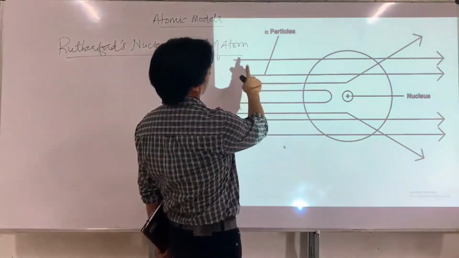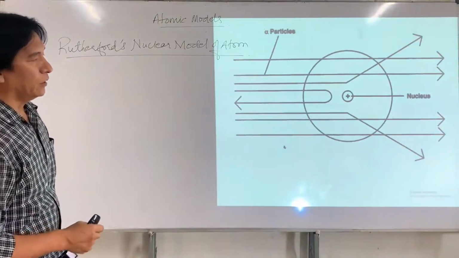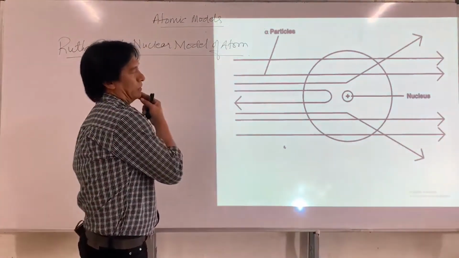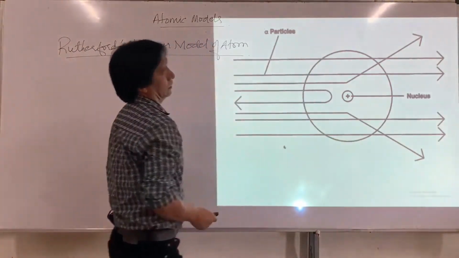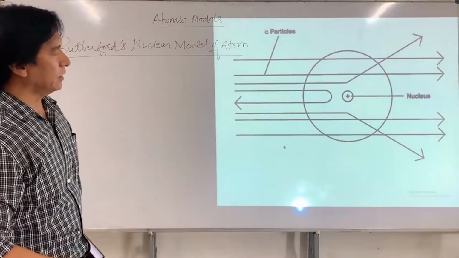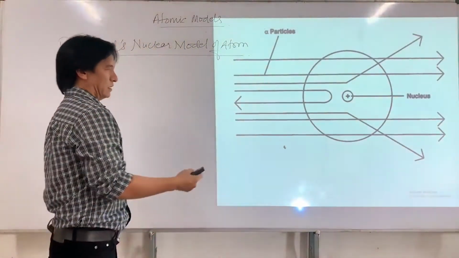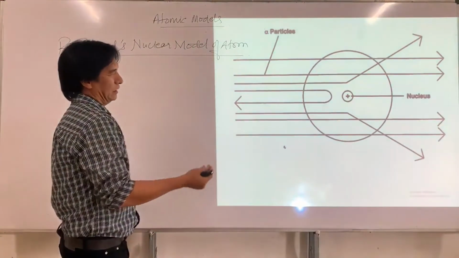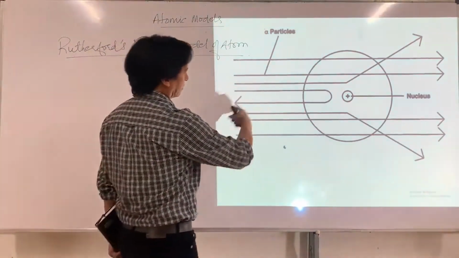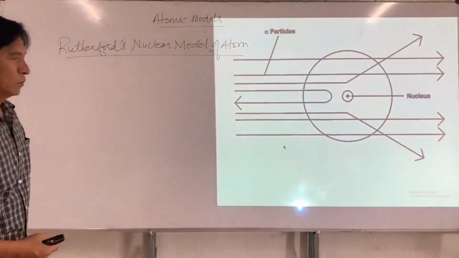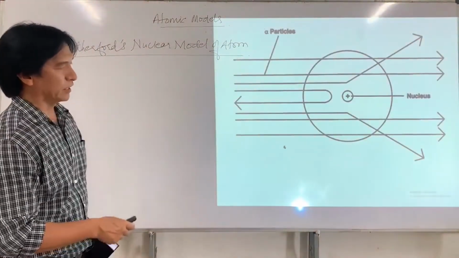And then you can see that a few of these alpha particles get deflected through some angles. That's the second thing. And then the third thing is you can see one alpha particle here. That is, very few alpha particles were seen getting bounced back by almost 180 degrees. This is what was observed actually in Rutherford's alpha particle scattering experiment.